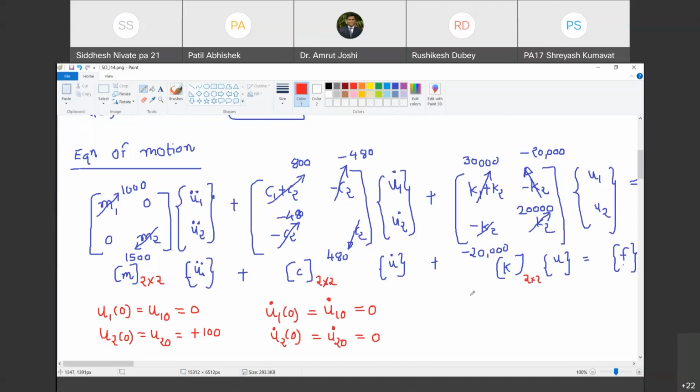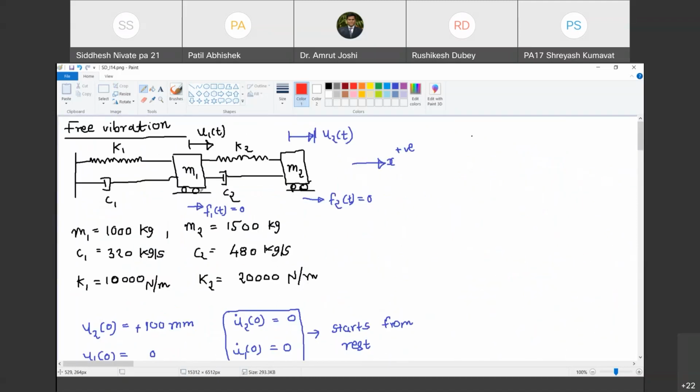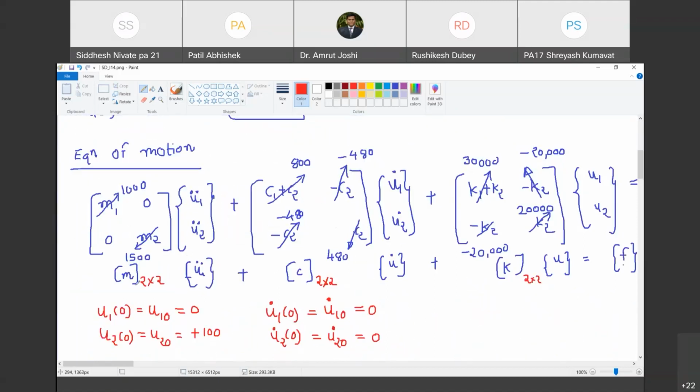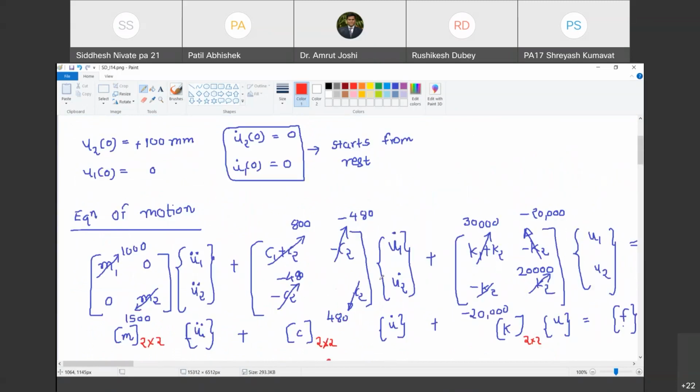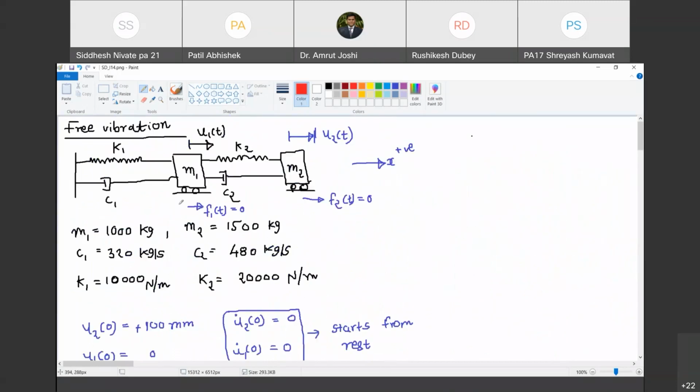And what is 2 here? Tell me. Degree of freedom. If you are dealing with 2 degrees of freedom, the size of matrix M, C and K will be 2 by 2. If you are dealing with 3 degrees of freedom, the size of the mass, stiffness, and damping matrix will be 3 by 3. Do you agree with me? Yes, sir. Okay.